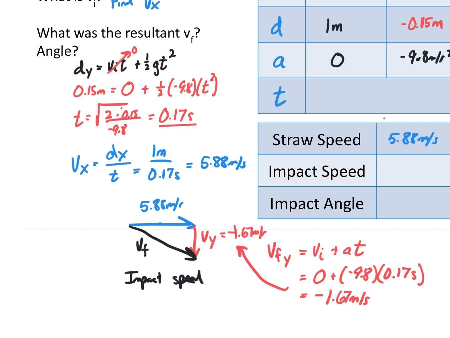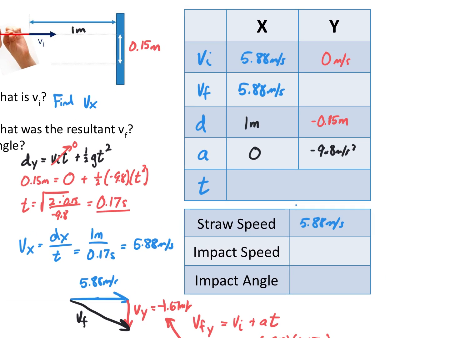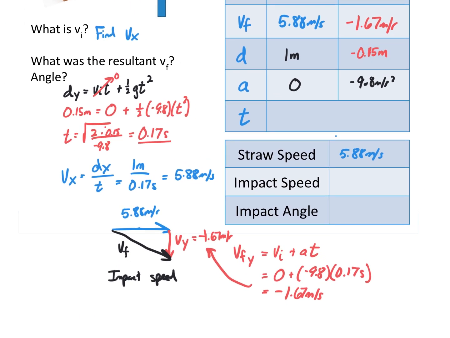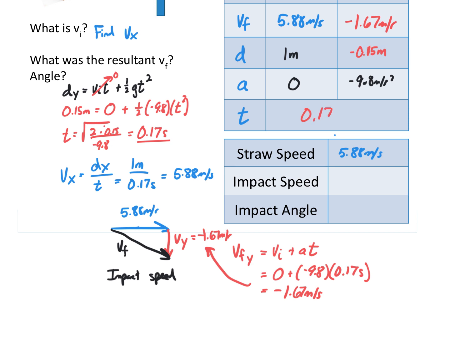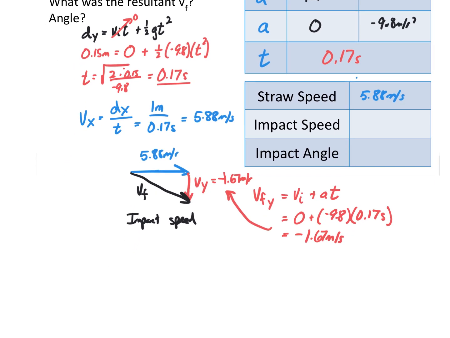All right, now I can go back and use my SOHCAHTOA to figure out the angle, and I can use my Pythagorean theorem, a squared plus b squared equals c squared, to find that missing side. So those are the two last pieces. When it talks about impact speed and impact angle, we're really going back to the right triangle built of the velocity in x and the velocity in y.